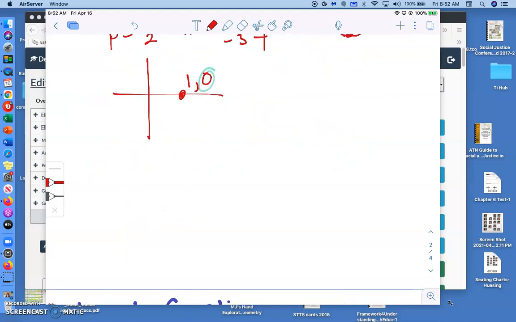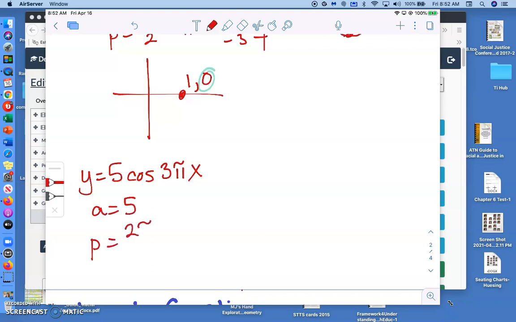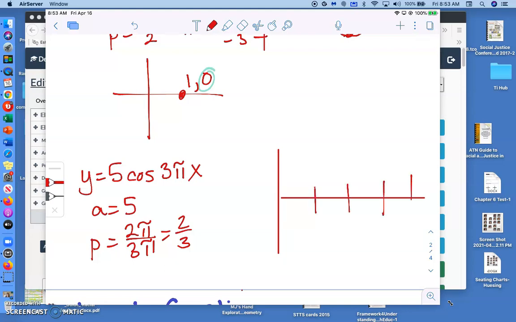So if we were to take a look at another one here, let's say we had y equals 5, the cosine of 3 pi x. Our amplitude is 5. Our period would be 2 pi divided by 3 pi. So that's 2/3. So when you graph this, 1, 2, 3, 4.